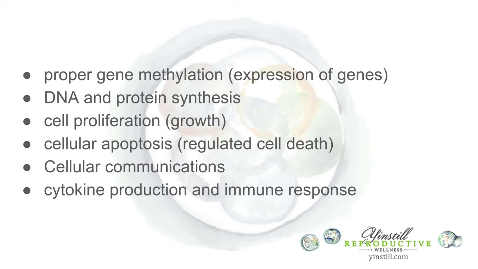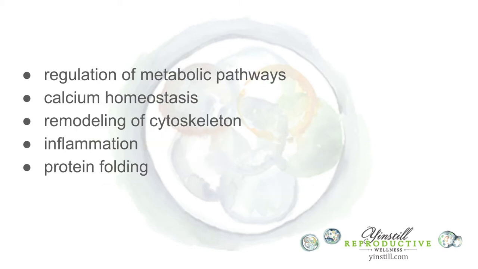Glutathione plays important roles in nutrient metabolism and regulation of cellular events, including proper gene methylation or expression of our genetics, or our genes, DNA and protein synthesis, cell proliferation or growth, cell apoptosis or regulated cell death, cellular communications, and immune response. As well, it's important in the process called protein glutathionation, which has several biological functions such as the regulation of metabolic pathways, calcium balance, remodeling of the cytoskeleton or structure of the cell, inflammation, and protein folding.